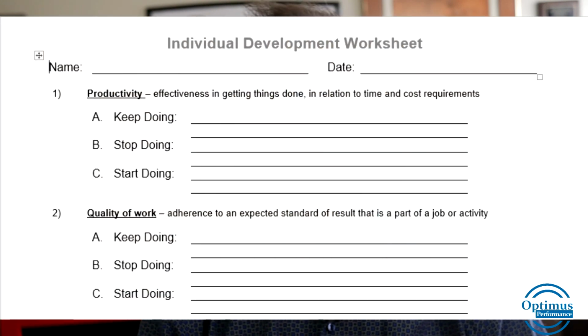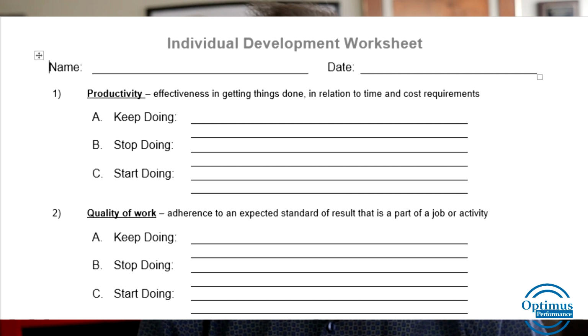Now, one method you could use for giving feedback is the KSS method. I've talked about this in past videos. It's what the person should keep doing, what they should stop doing, and what they should start doing.